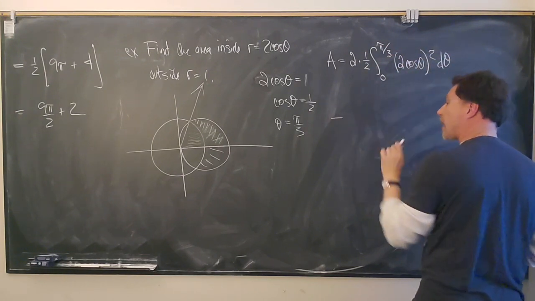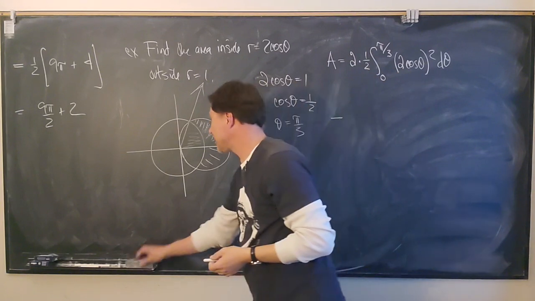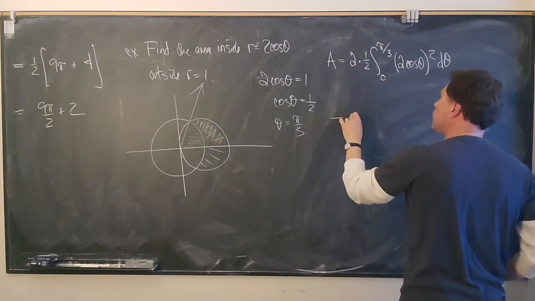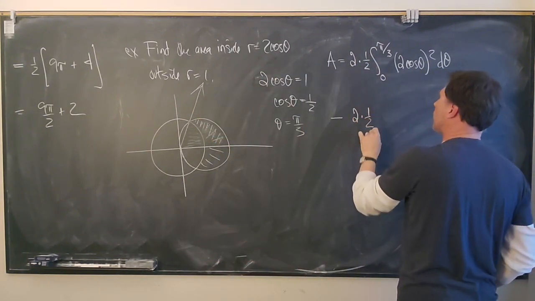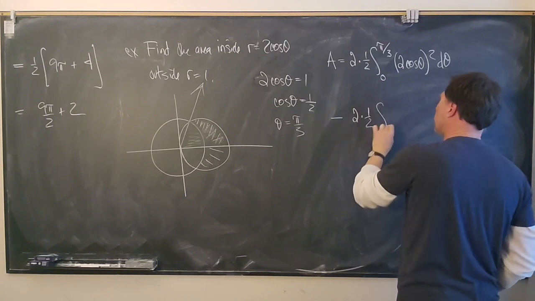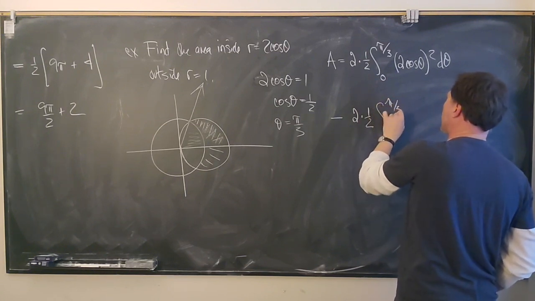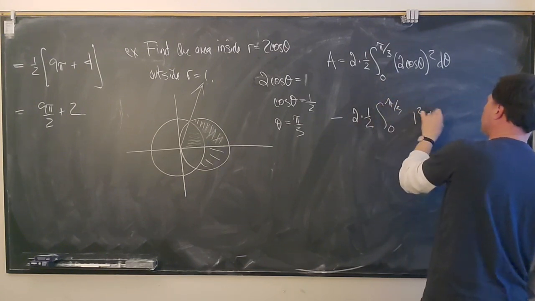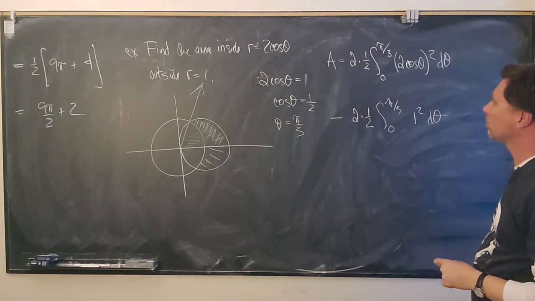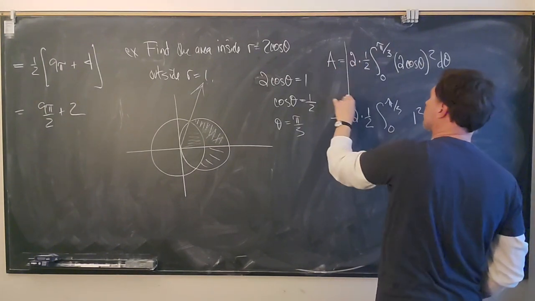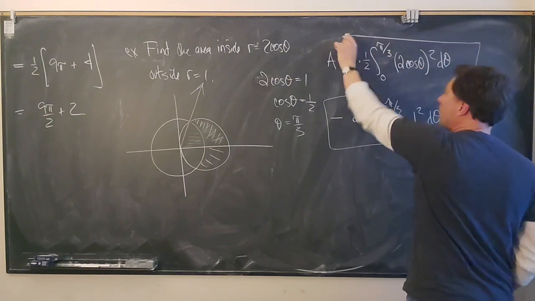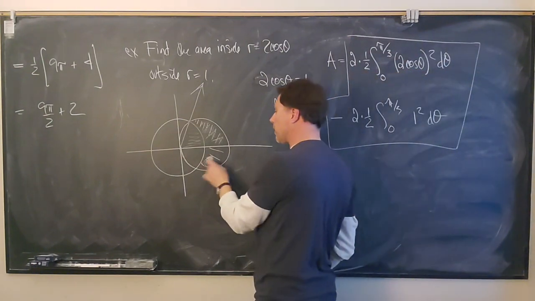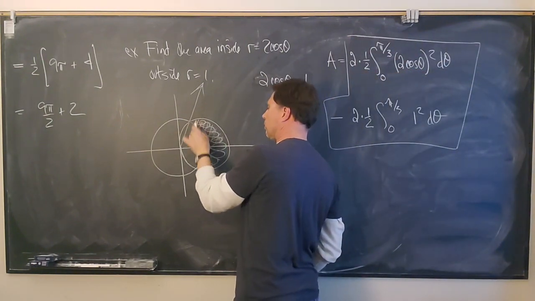And then I subtract away the area contained by the inner one. So that'll be 2 times 1/2 integral 0 to pi over 3, and then we'll have 1 squared d theta. If you compute this, that will give us the total area right there.